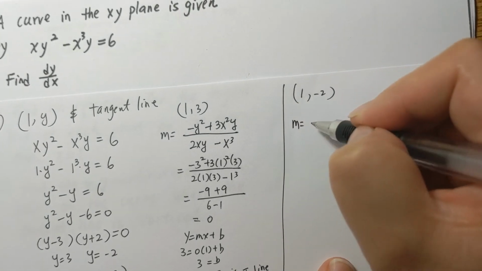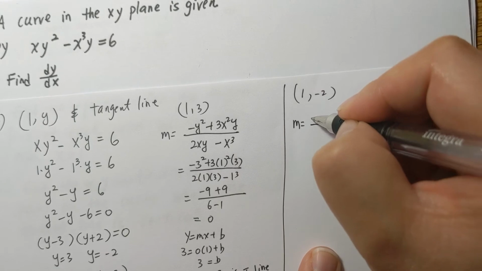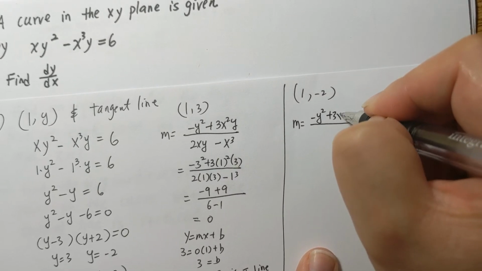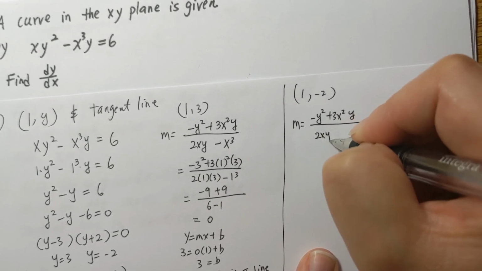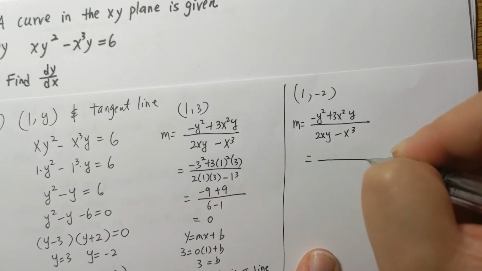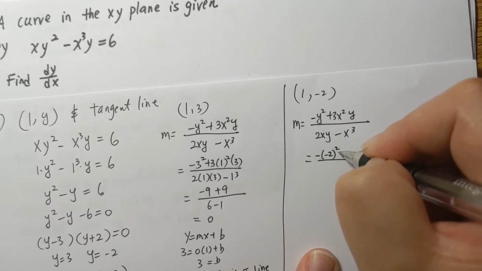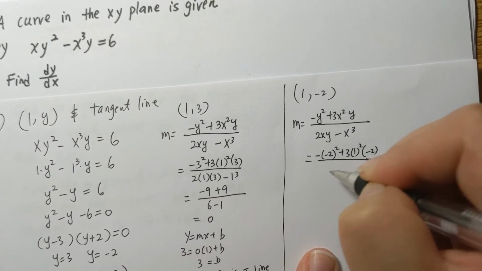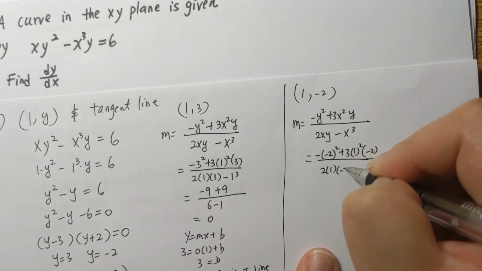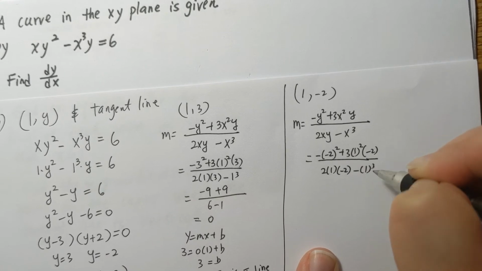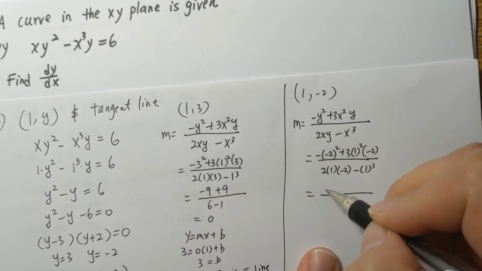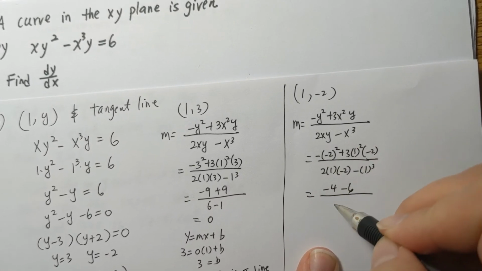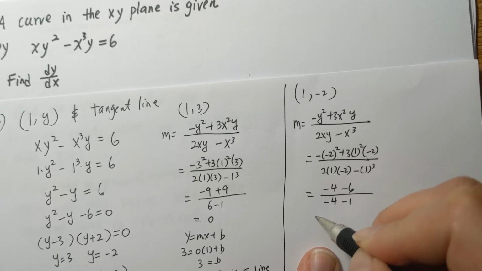So we do the same thing for the next point. So we got negative 4 minus 6, negative 4 minus 1.